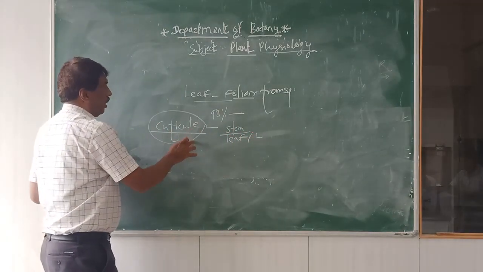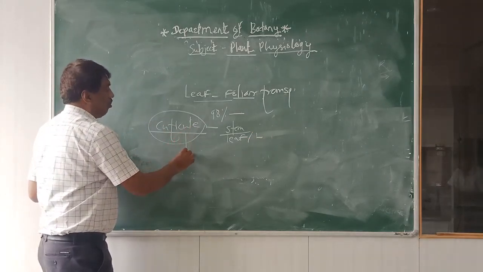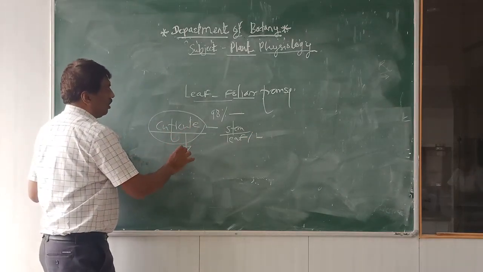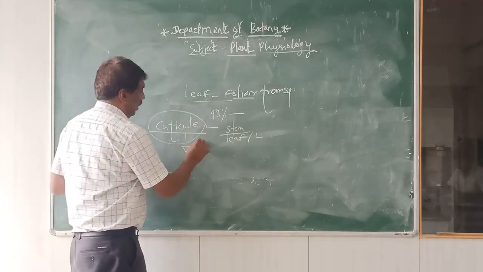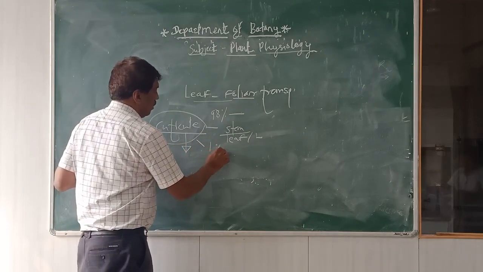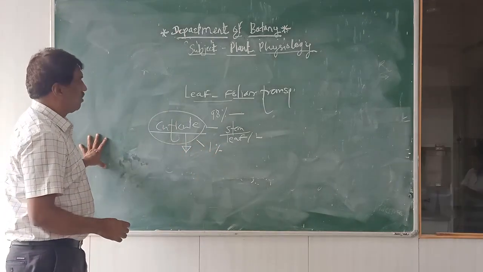Through this cuticle, or through certain cracks developed on the cuticle, water is lost. So this is called cuticular transpiration. A small amount of water, near about 1%, is lost from the cuticle.